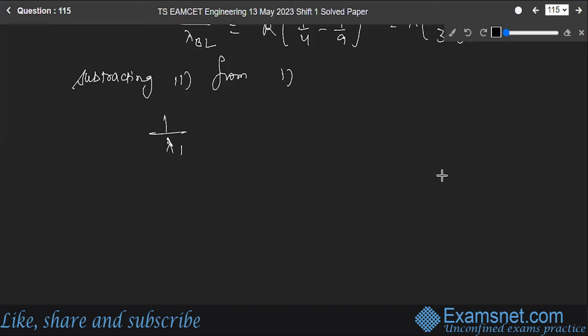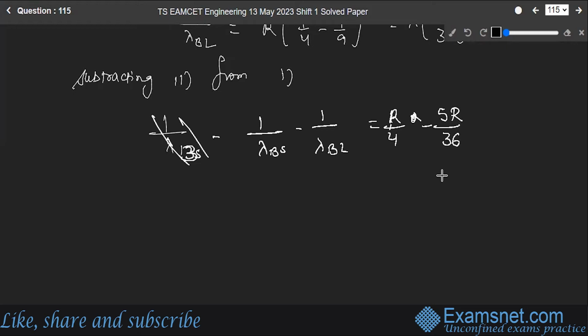So this is 1 upon lambda BS minus 1 upon lambda BL is equal to R upon 4 minus 5R upon 36.